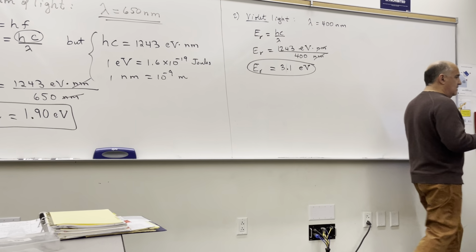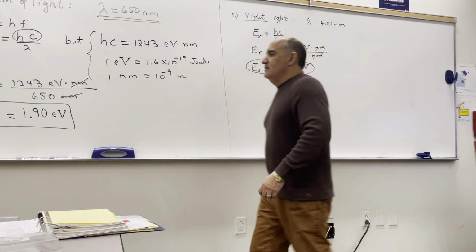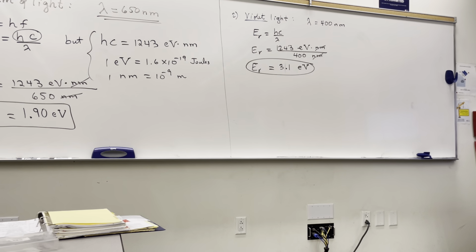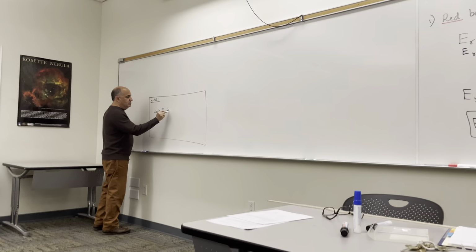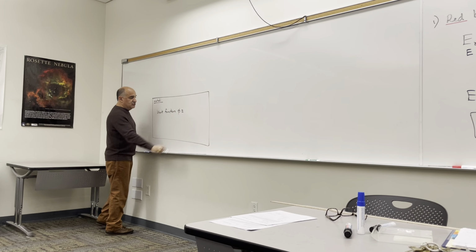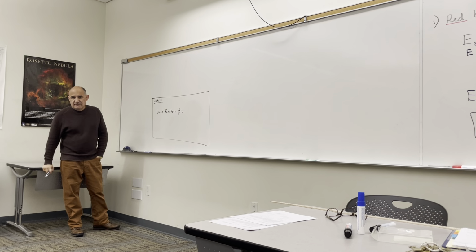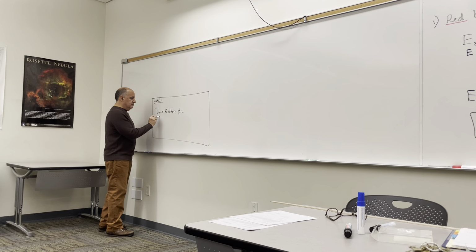It's called phi here. I like to think of phi as an angle, but anyway. There is this quantity called the work function, phi, which is an energy. So what is the definition of that? What is meant by the work function of the metal?